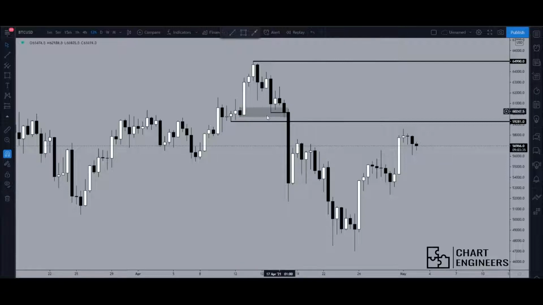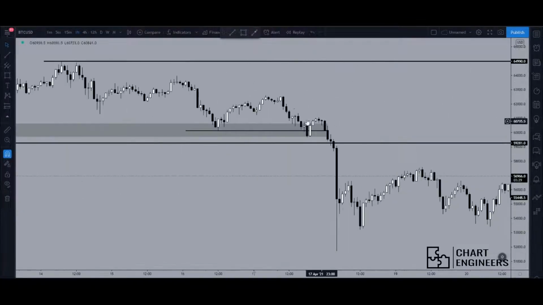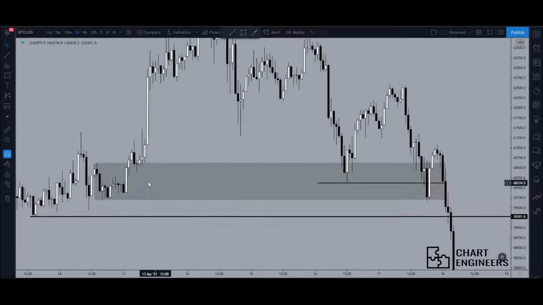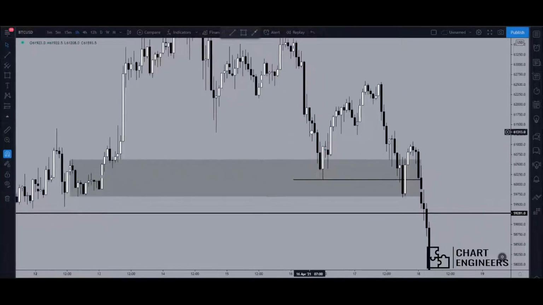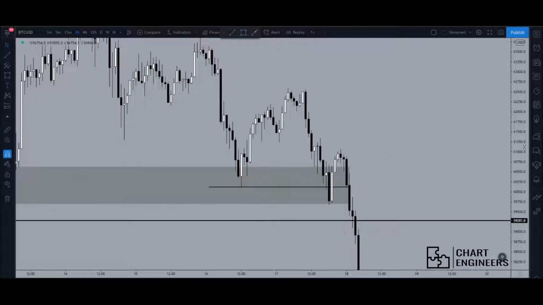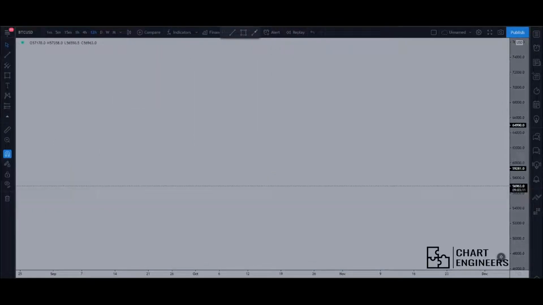So I was personally expecting the price to just come back up, and then on the 1 hour, as you can see, we didn't get any breaker zones forming, so that's that. No entries. You can just delete that.